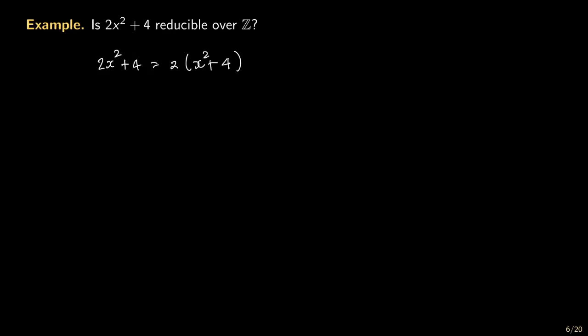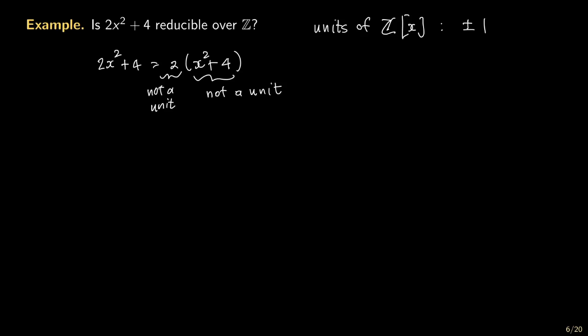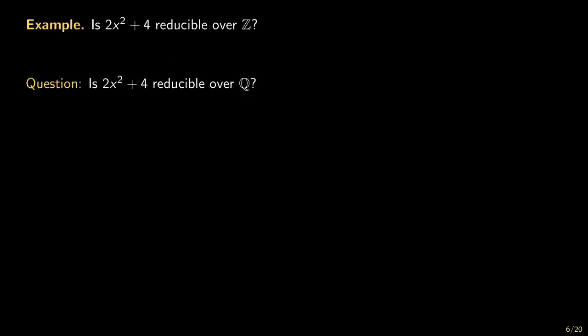Now over Z, this is not a unit. What are the units, by the way, of Z[x]? The units of Z, which are plus or minus 1. So this one is not a unit. 2 over Z is not a unit. It doesn't have a multiplicative inverse. So this is also not a unit. So therefore, over Z, the polynomial 2x squared plus 4 is reducible.